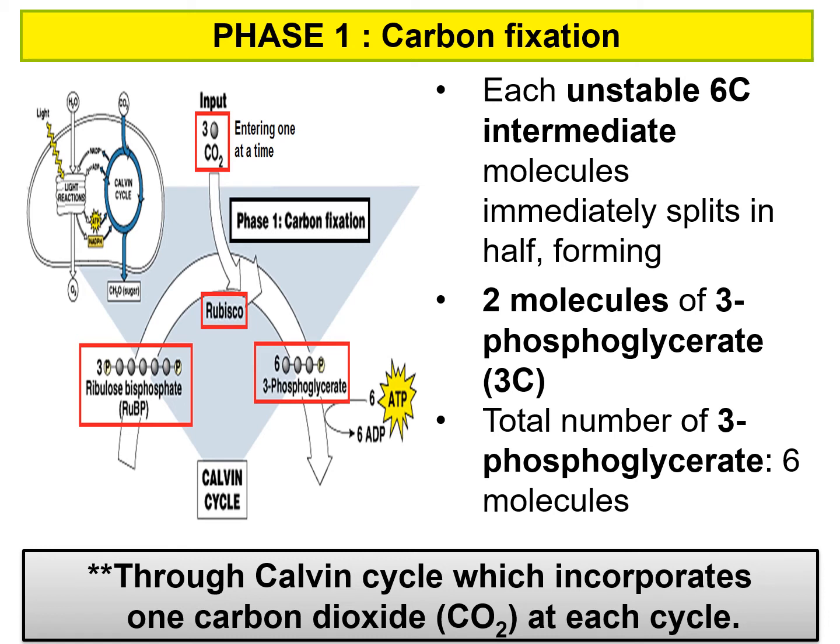Divided by 3, we should have 6 molecules of 3-carbon molecule. So when 3 carbon dioxide combine with 3 RuBP, it will produce 6 molecules of 3-phosphoglycerate.